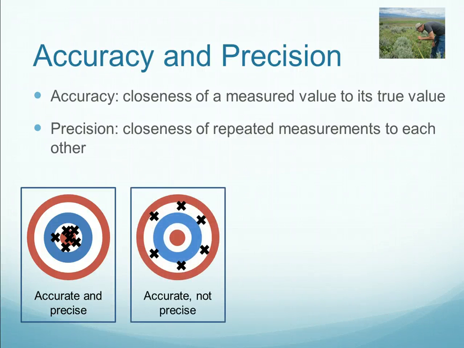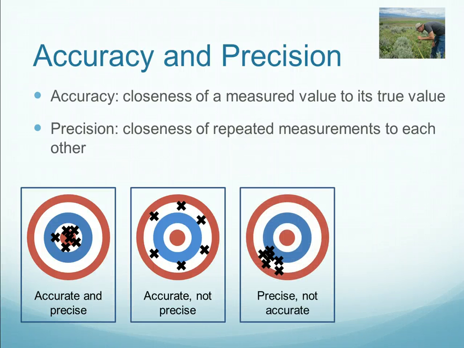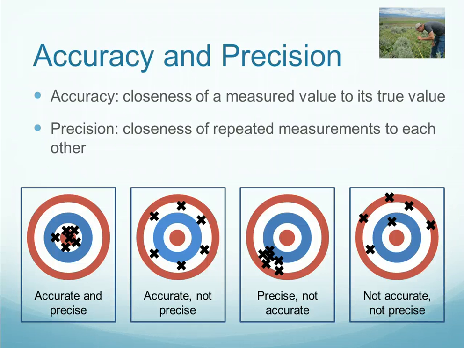In this example, we see again accuracy because they will average out close to the mean value, but the observations are not close to each other in value, so not precise. Here we see an example where the sample is precise, but it's not accurate, and in this case, neither accurate nor precise.